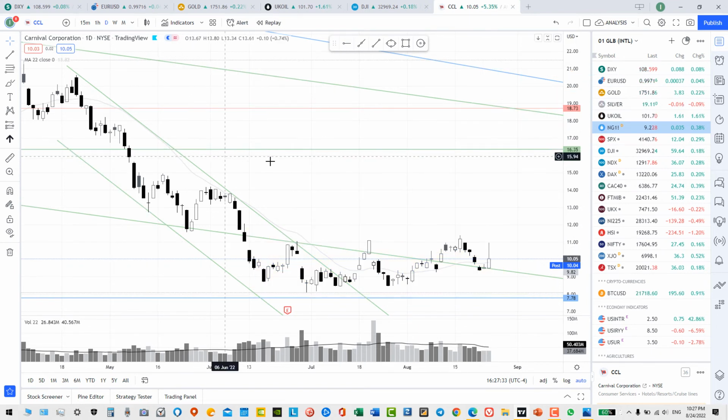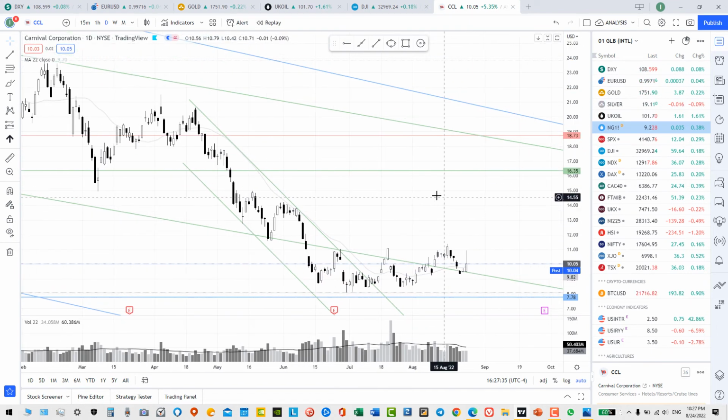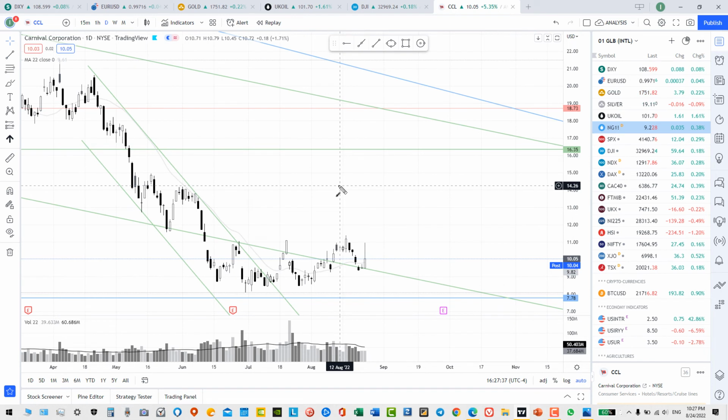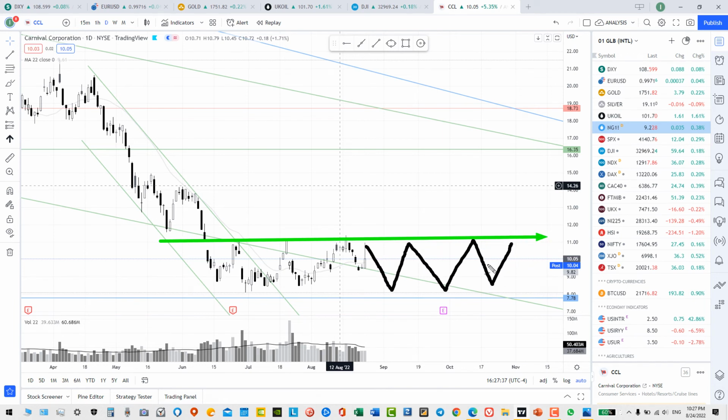Keep in mind, last note, if the stock did not manage to break above the $11 area, this means that the sideways drifting is continuous, and do not expect the stock to do any positive scenario unless the 11 area is broken.